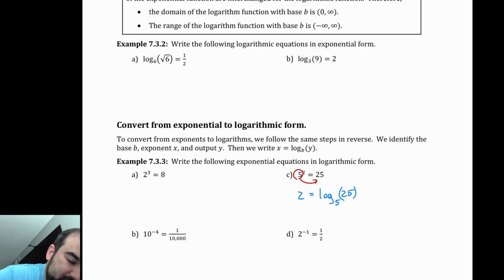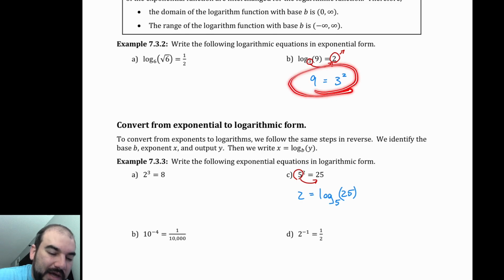So this base of this log, or the whole log, kind of shifts to the other side, and then it pushes this 2 up into an exponent so that the 9 is left alone on the left side, and the log base 3 moves to the other side as a 3 squared.